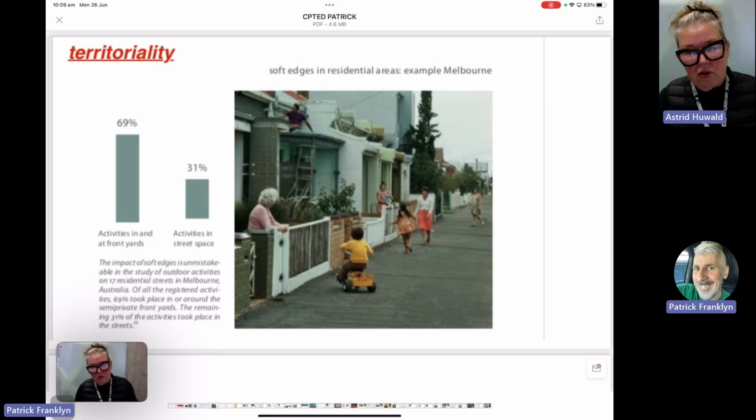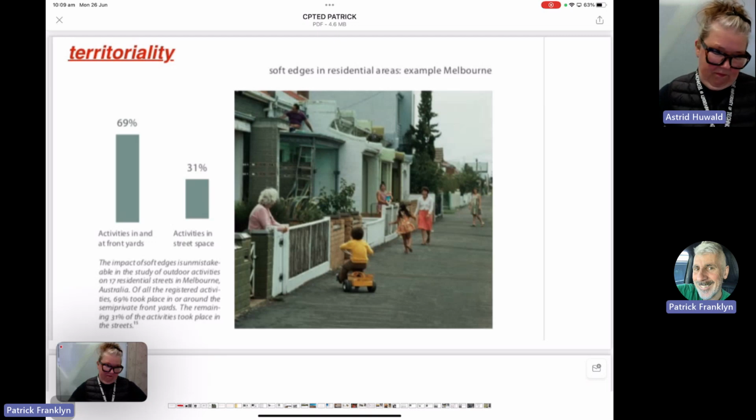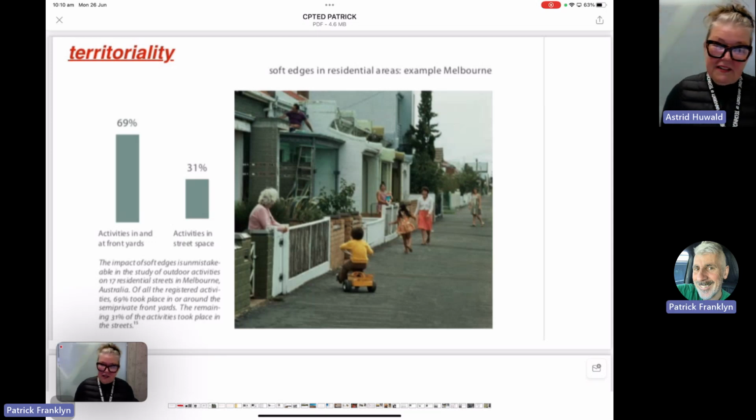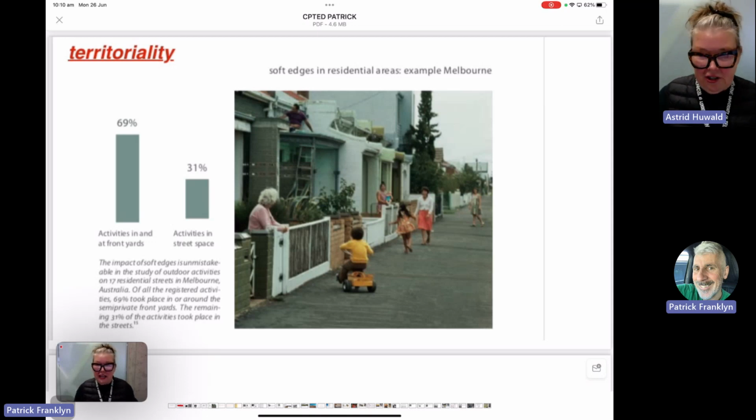From this slide you can see that people feel safe in their houses and safe to inhabit these interstitial spaces, these front yards. They play there, hang out there, talk to their neighbours there, and this feeling of safety and ownership spills out onto the street. For people to feel comfortable in spaces, they have to feel a degree of ownership, some sort of connection to it.